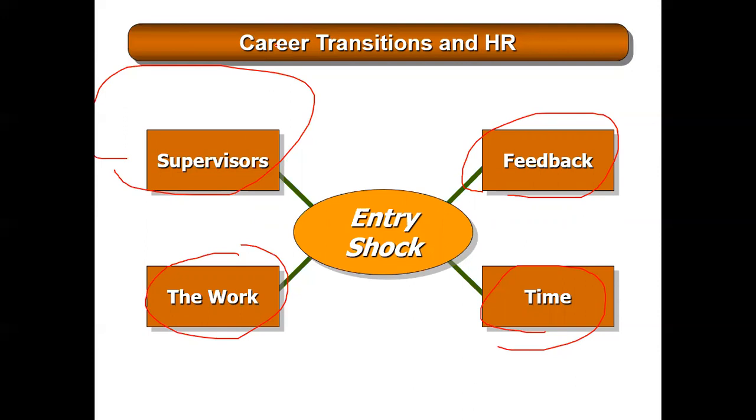So when you talk about career transitions, you need to speak to your subordinates or your higher authority. You need to understand the nature of work, what feedback is given and how it can help you get into something which can work for you even in the late career or career end. And time is very, very important.